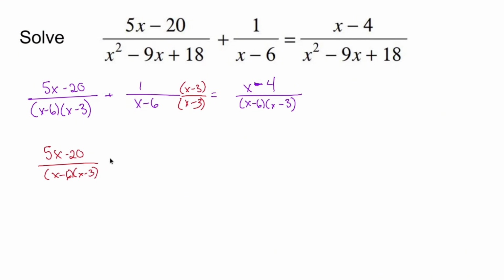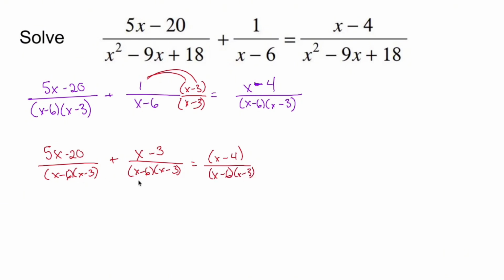You are now 1 times x, so plus x, and 1 times negative 3, minus 3, over x minus 6, x minus 3, equals x minus 4 over x minus 6, x minus 3.